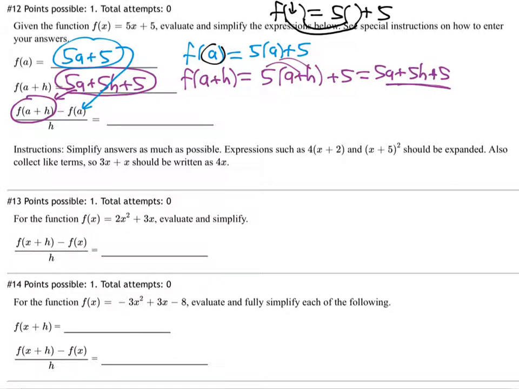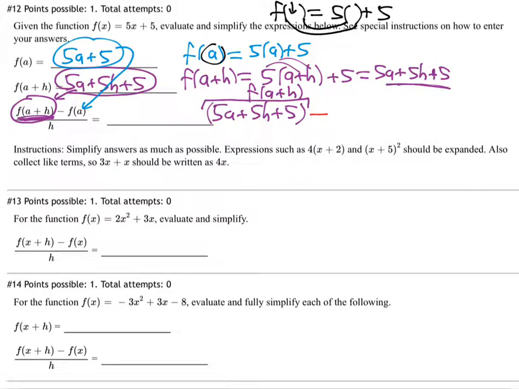So I'll say, okay, so 5a plus 5h plus 5. That's the first one, right? Here, let me give a little more room so we can see it better. So again, 5a plus 5h plus 5. That right there is f of a plus h, which is the first thing they want.